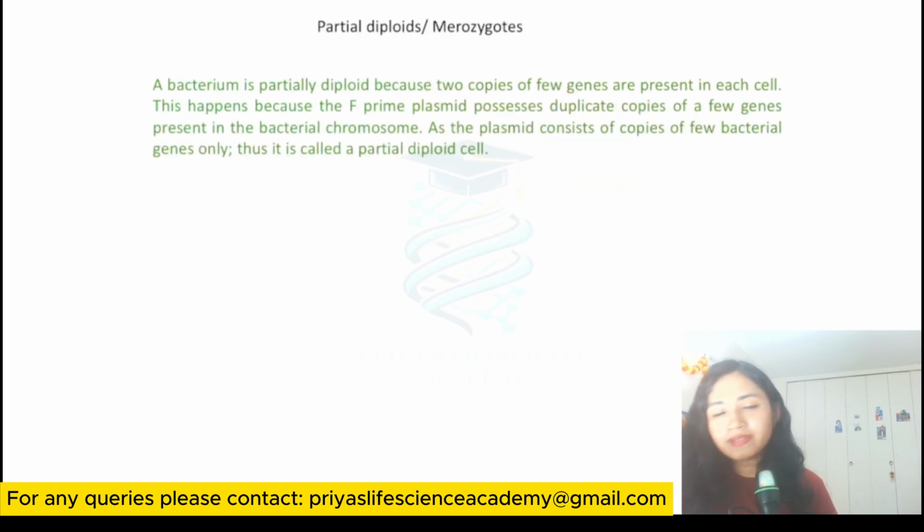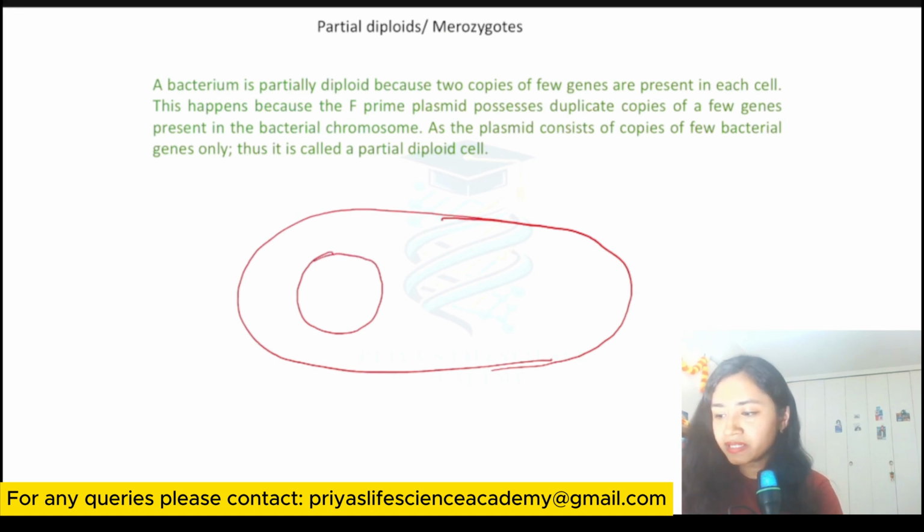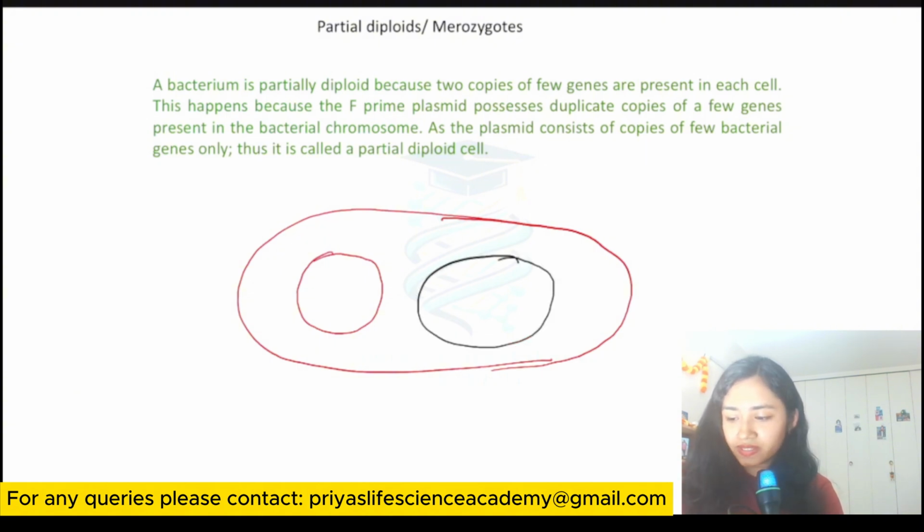Now we will see a very important point about the bacteria. The reason we are talking about cis-dominant and trans-dominant is hidden in this: these bacteria are partial diploids or merozygotes. What is a partial diploid or merozygote? I'm giving you an idea. This is a bacterial cell, and a bacterial cell can contain two DNA molecules: one is the plasmid DNA and the other is the bacterial chromosome.